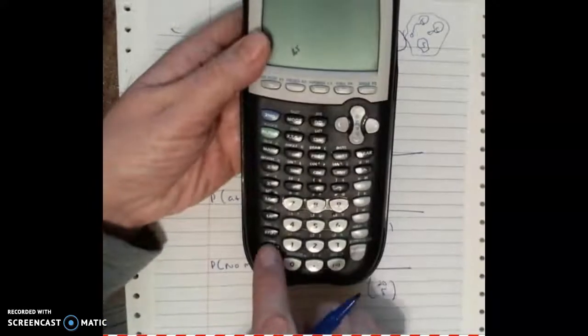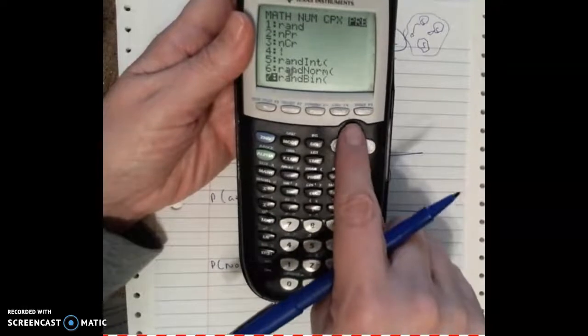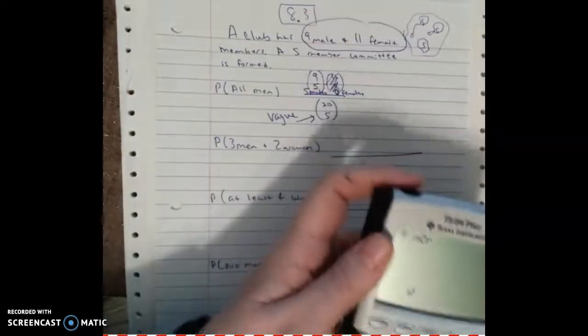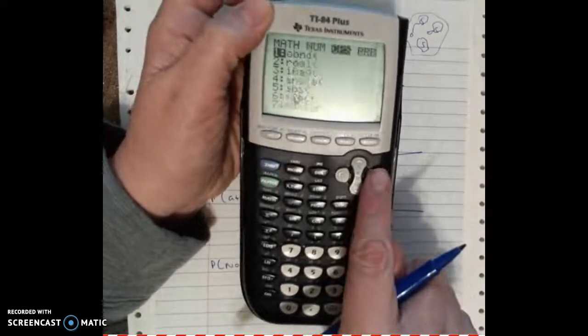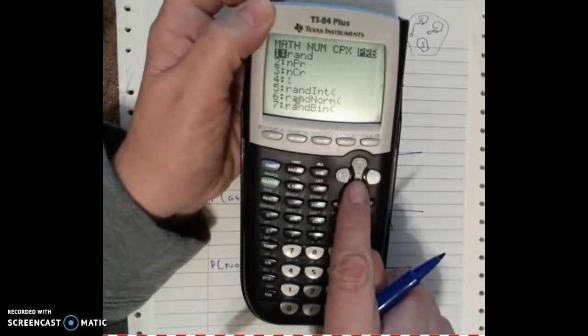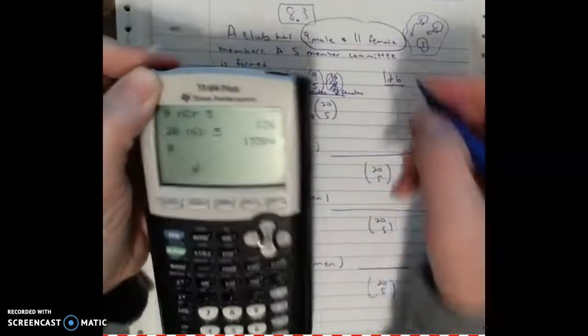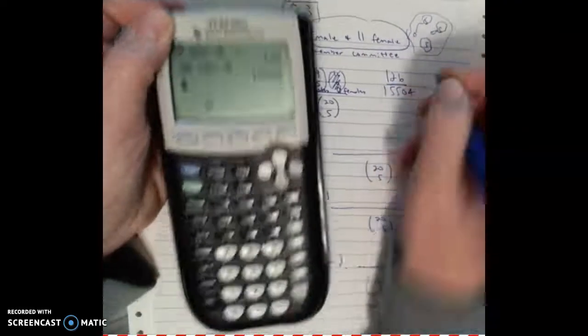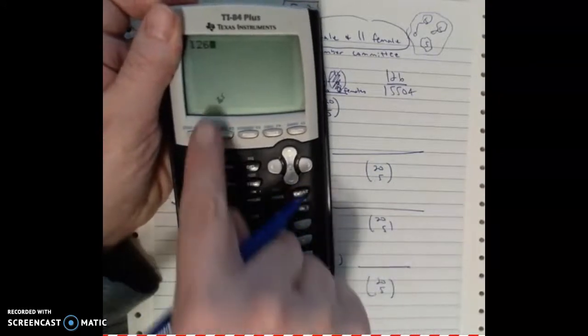So again, remember, these are combinations. I have 9, math, probability, combination, and that's choose 5, which is 126. And 20, math, probability, combination, choose 5, and I get 15504. I might need to clear it just because there's a bad spot.